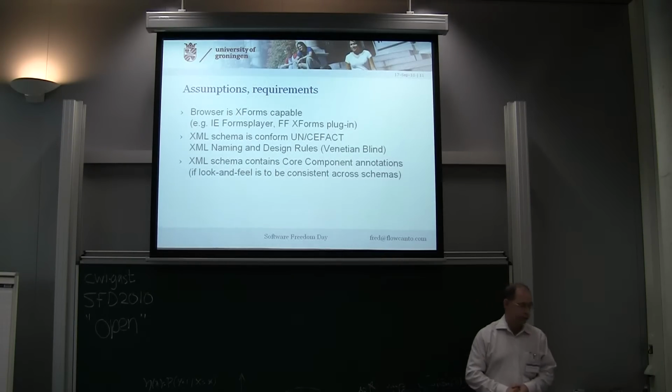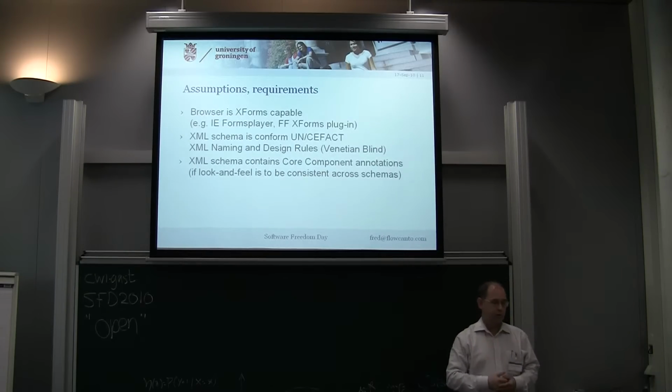We use so-called core component annotations within the XML, as part of these naming and design rules, to do the presentation across schemas. So it's not really needed. If you would not use core component annotations, then the engine would just look at the XML tags and base the presentation on the text.